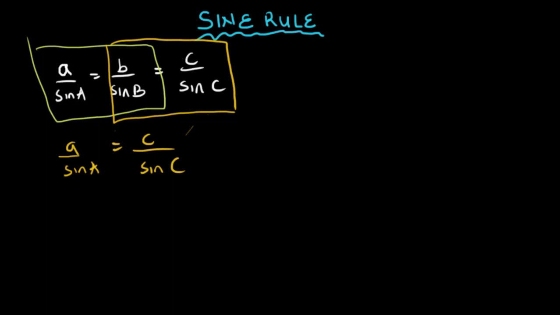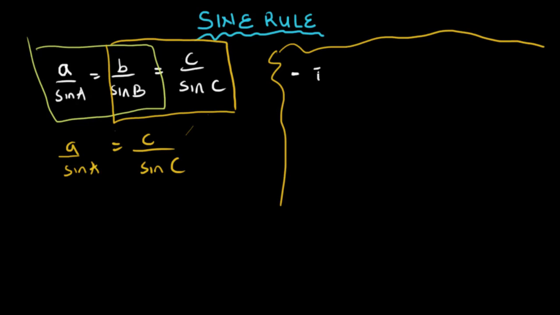But before we take examples, I want to answer the question: when do you use the sine rule? More often than not, you use the sine rule when you know two sides and one angle, and you are told to find a second angle.